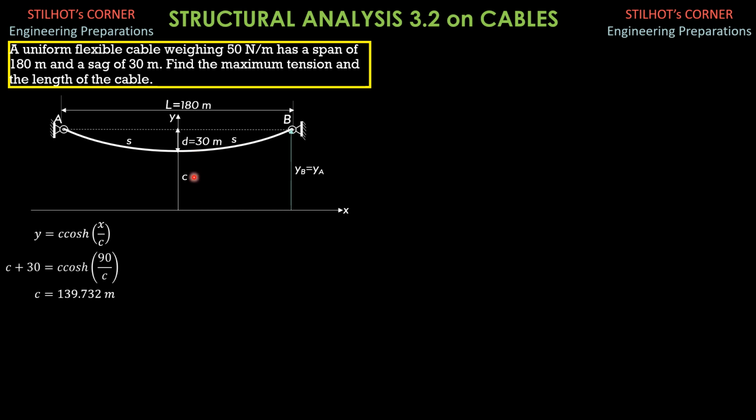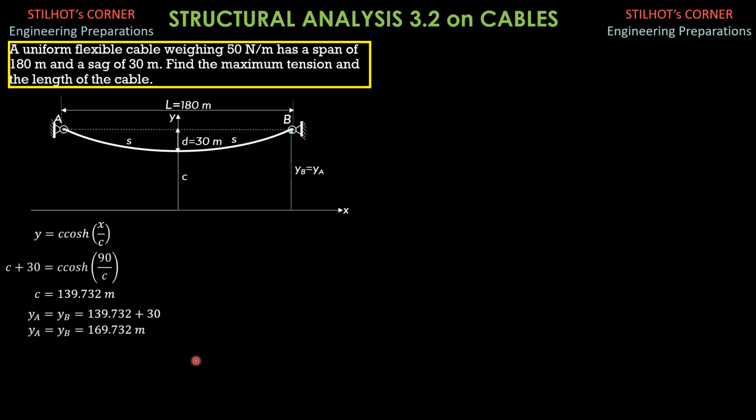We can now compute the maximum tension and the total length of the cable, which is 2S, and S is C sinh(x/C). So y, which is equal to YA equals YB, equals 139.732 plus 30, so it is 169.732 meters.